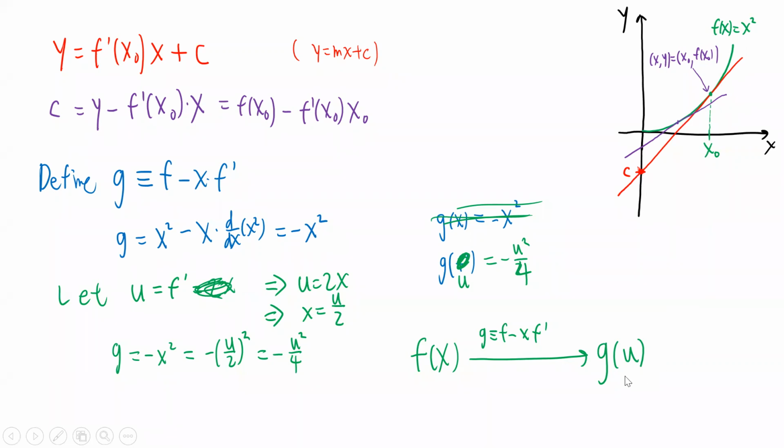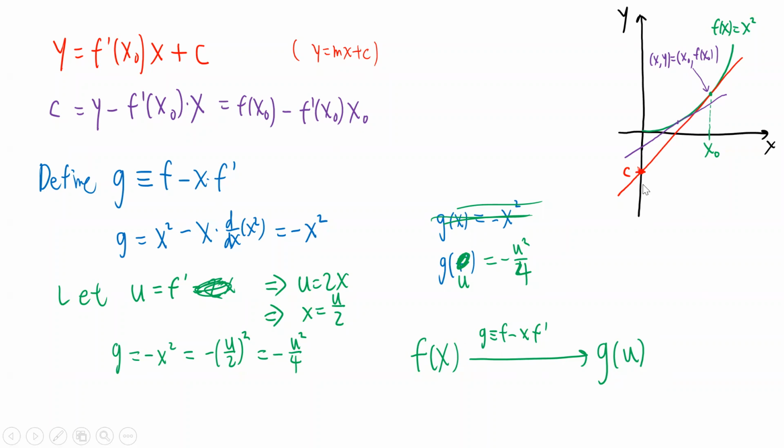So you could imagine that using this function, you can actually get back to the original function. Because if you use this function g, what you'll be getting would be many tangent lines, and for each tangent line you know the y-intercept.